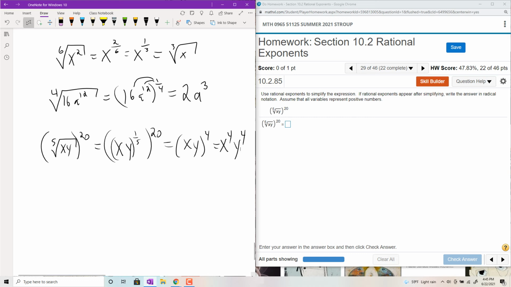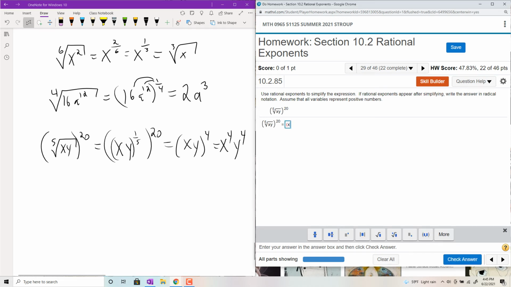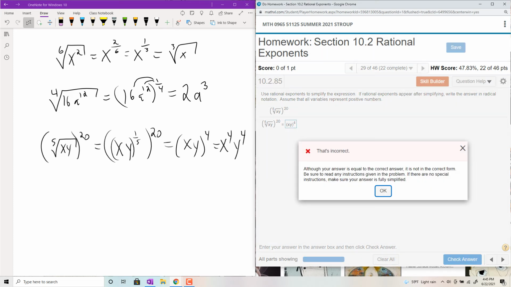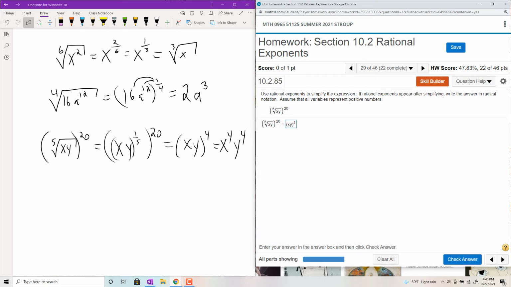Let's see if they let us put it in parentheses, xy. No, they want you to put it x to the 4th, y to the 4th. So you're going to have to do that. Kind of jerks. Alright, what's next?